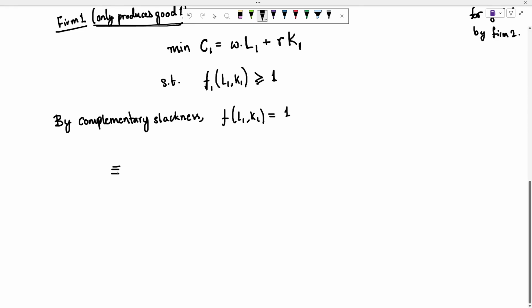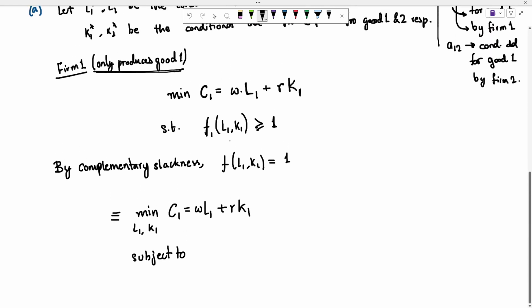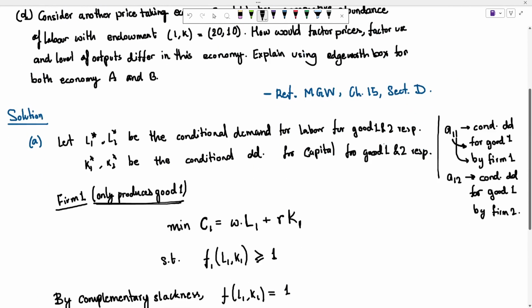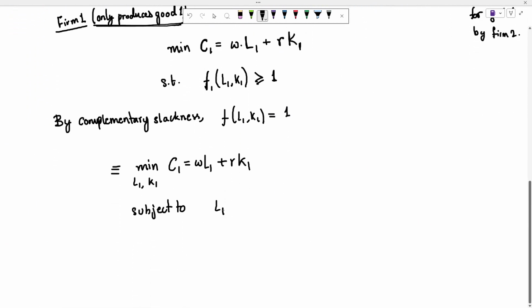So this is basically equivalent to minimizing the cost over L1 and K1 subject to F1, which is L1 to the power 1/4, K1 to the power 3/4, equal to 1.